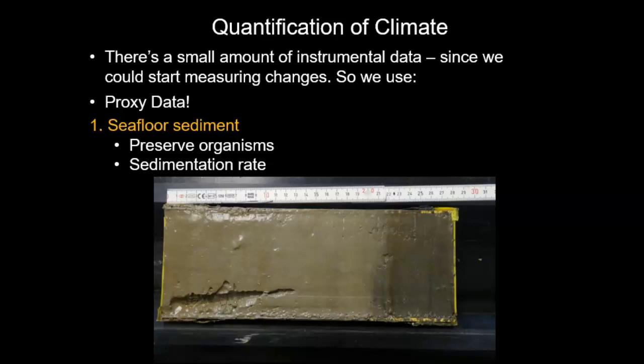The amount of sediment that was burying the organisms, or that was near their abundance span, also gives us a clue about the environmental conditions that were needed for the sedimentation rate that we found on each of those sediment cores.